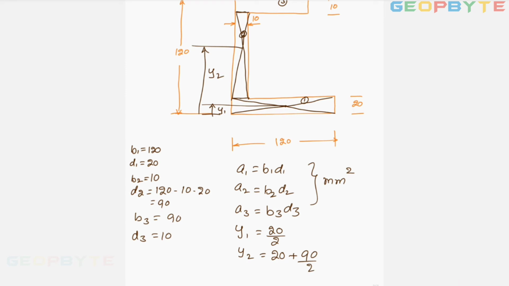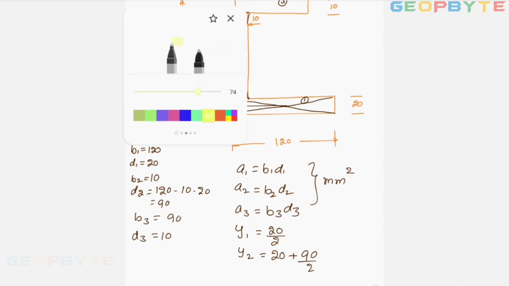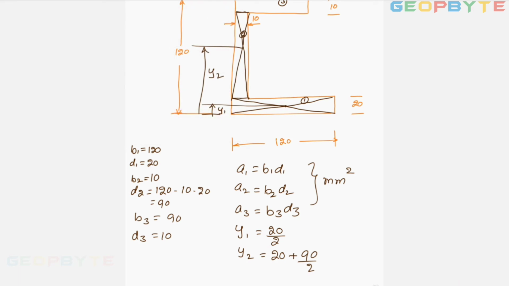This part, 1 minute, I'll show it clearly. This part equal to 120 minus 20 minus 10, that part divided by 2.